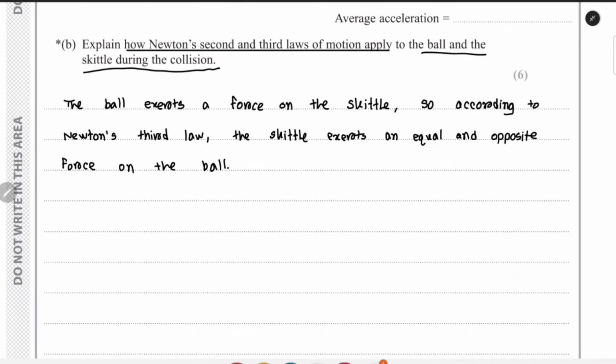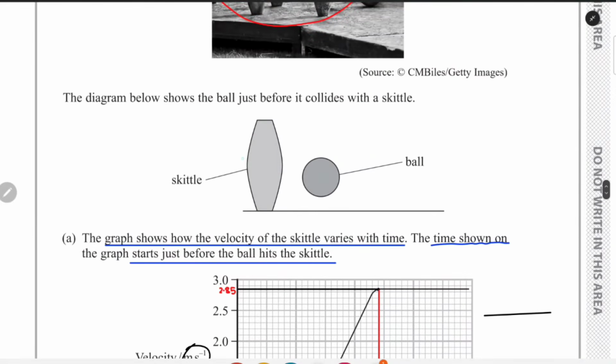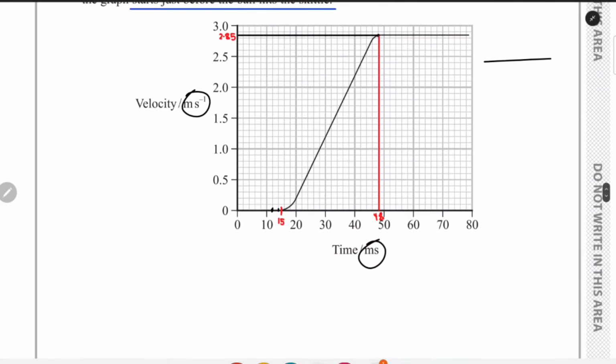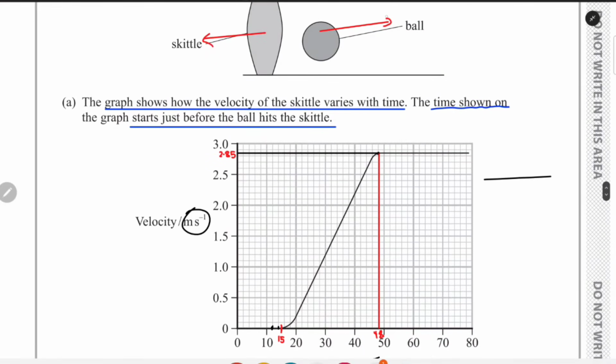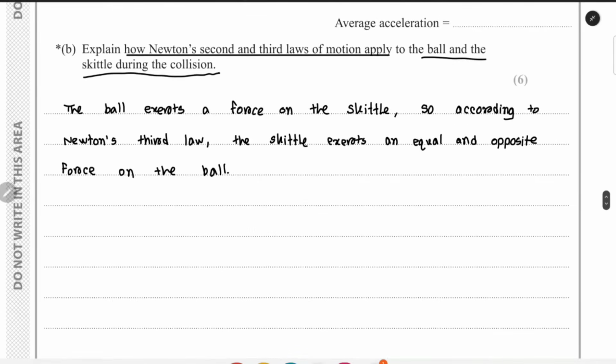Now we have to think about Newton's second law. Since the ball is exerting a force on the skittle, this is an unbalanced force. It's not balanced by anything over here, which causes the skittle to accelerate. And the force that the skittle exerts on the ball causes the ball to decelerate with this unbalanced force.